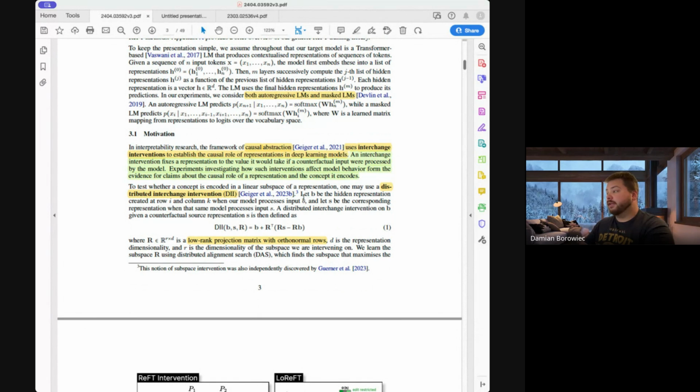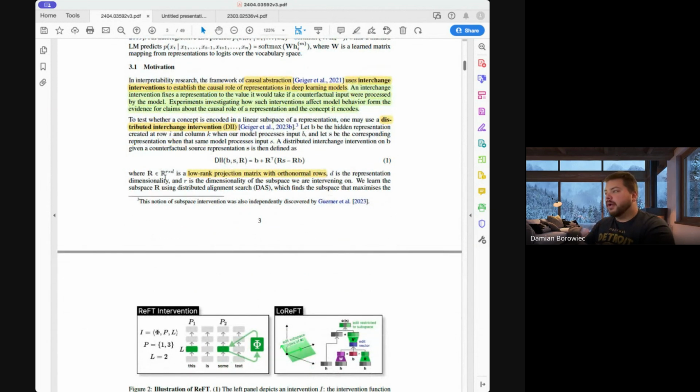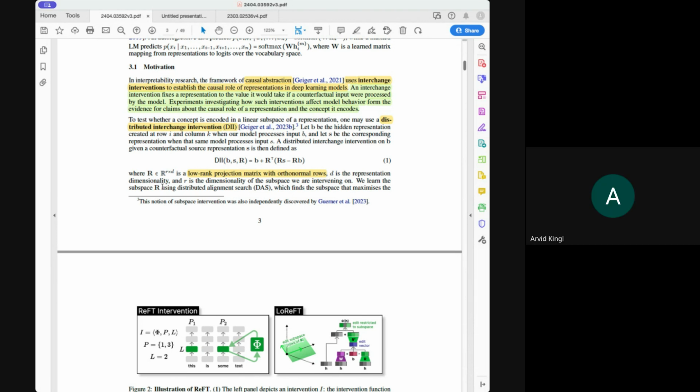So here we have the hidden representation, and then we would look at the counterfactual input. Here is the explanation for what you asked, which was what is R? It's a low-rank projection matrix with orthonormal rows. So it's not a fully orthogonal matrix, I believe. It might only have orthonormal rows. Yeah, that makes sense.